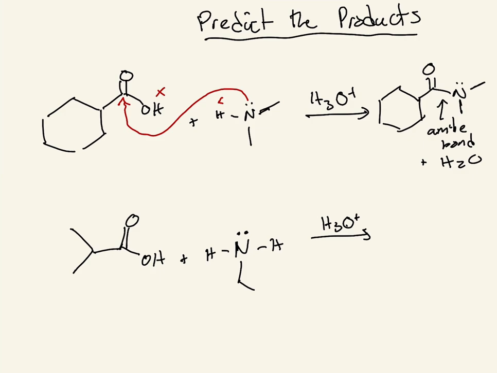Right, how many R groups do we have on the nitrogen in the amide? Two, so it'll be disubstituted, right? The number of R groups is kind of how substituted the amide is. So this is a disubstituted amide.